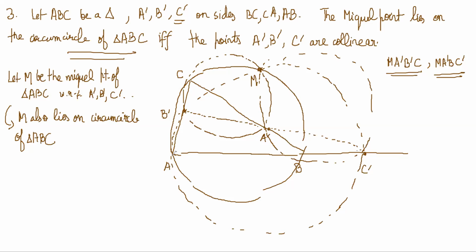B dash, C, M, A dash. Correct. B dash, C, M, A. Okay, that is already written, right? So A dash, C dash was used up. A dash, B dash, so B dash, C dash, and A, M. That is also correct.